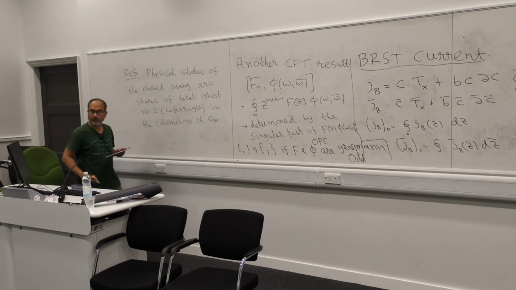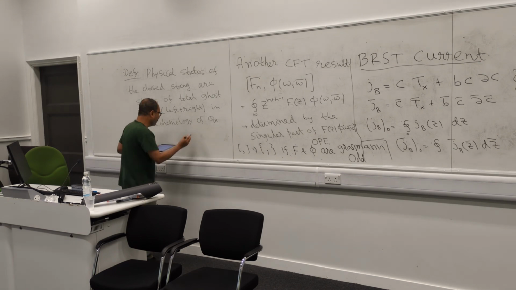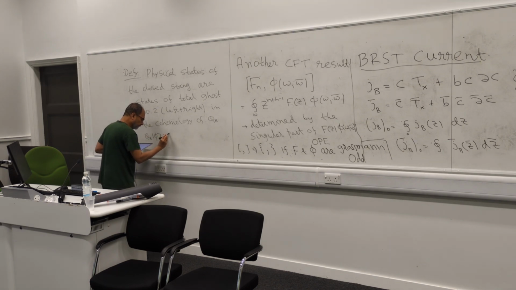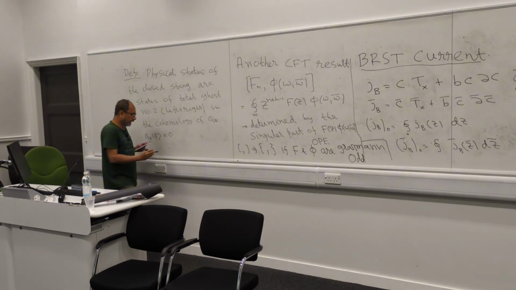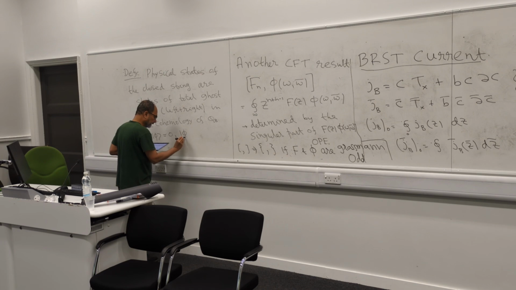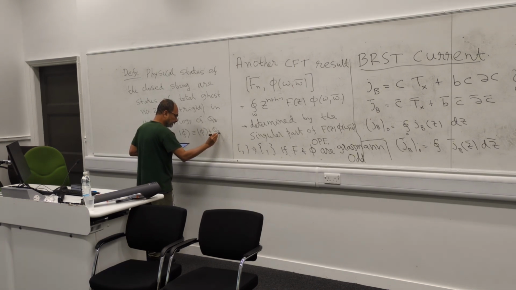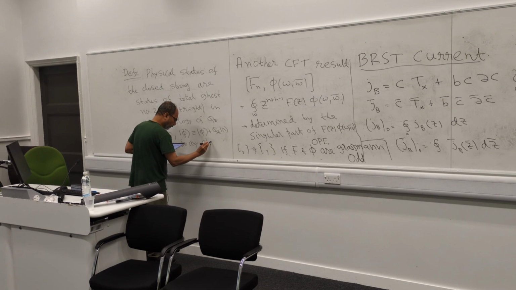I'll explain what I mean by in the cohomology of Q_B. It means that for phi to be physical, you must have Q_B phi equal to 0. And we have to declare that phi is equivalent to phi plus Q_B lambda for any ghost number 1 state.